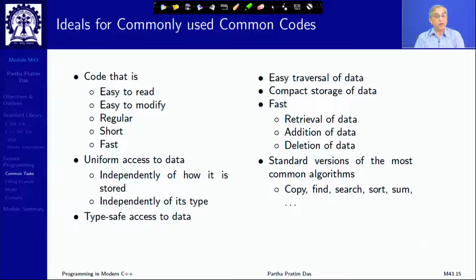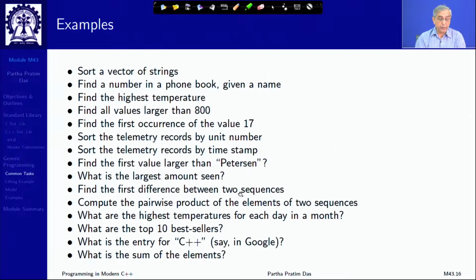C++ is strongly typed, so access must be type safe, it should be easy to traverse the data, the storage must be compact, retrieval, addition, deletion, everything should be fast, and there should be standard versions of common tasks like copying, searching, finding, sorting, and so on and so forth. Can we write algorithms or code at that level of generality? If we can, that is what is called generic programming.